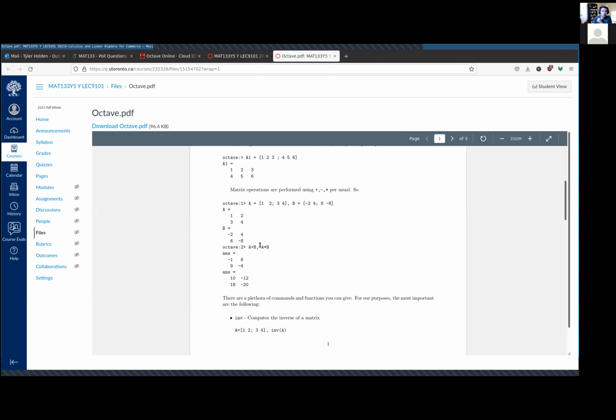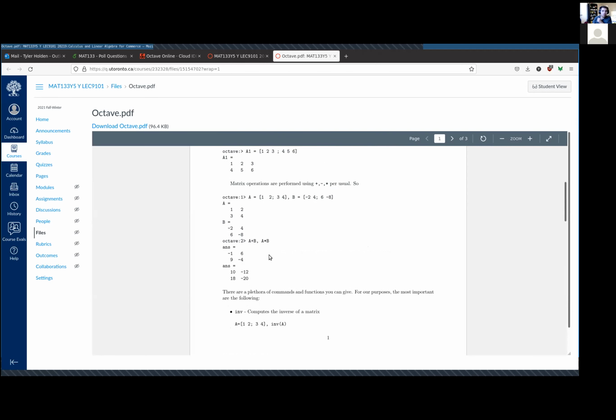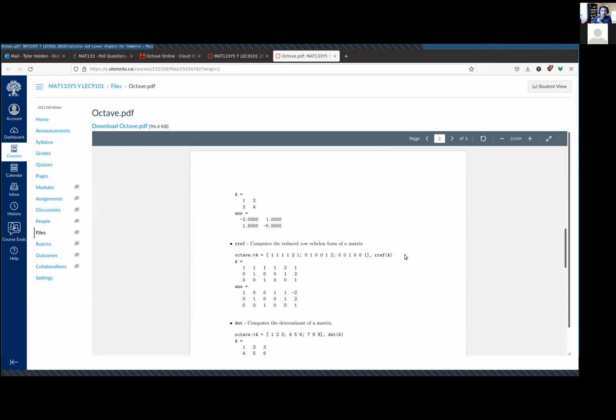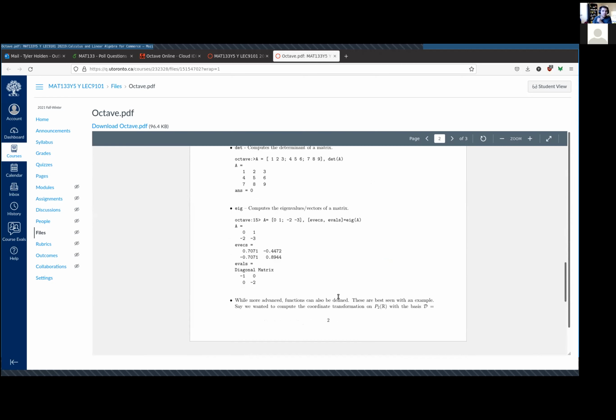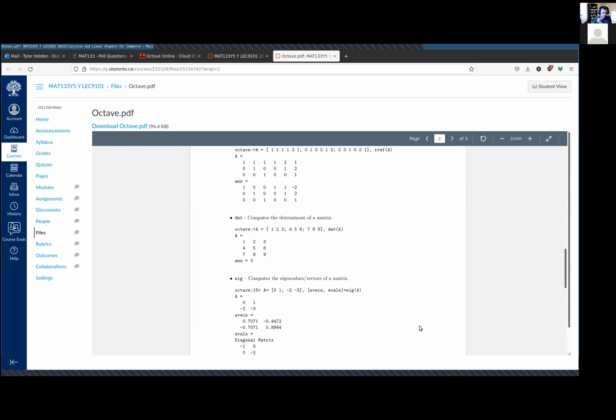For example, we haven't talked about matrix multiplication yet, but we will, and this tells you how to do matrix multiplication. Again, here's a reminder on how you do RREF. We'll talk about determinants later and eigenvalues and all these things. The point is that Octave can compute all of these things for you, and you are allowed to use any of this in an exam to do your work, okay?